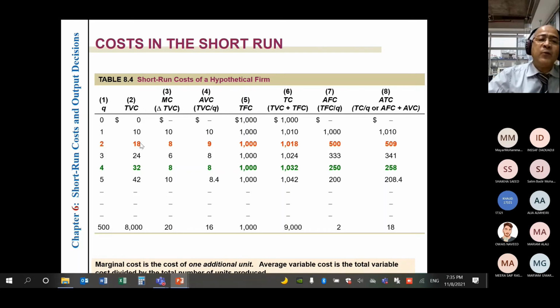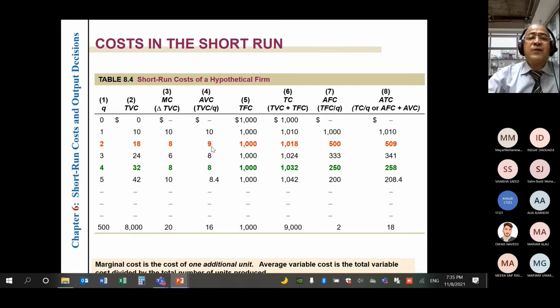So to calculate marginal cost, the change in total variable cost, 18 minus 10, divided by the change in output, 2 minus 1, which is 1. So the result will be 8. What is 8? 8 is the marginal cost, or the cost of the last unit, the second unit.